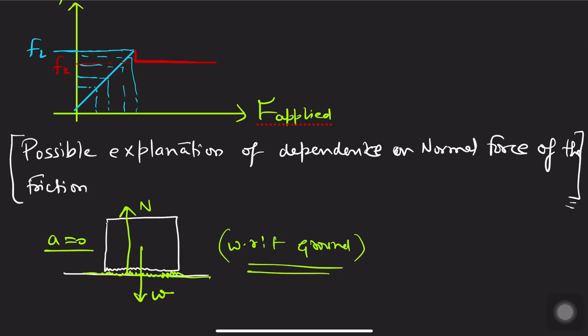So guys, when the body is at rest with respect to the ground, we can say that the weight of the body is going to be the measure of the capacity of friction that is available.